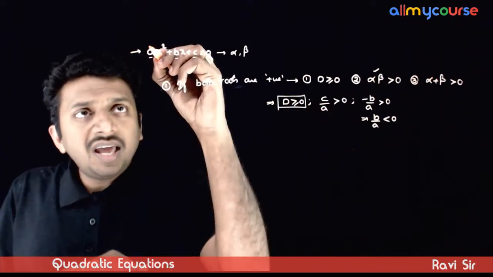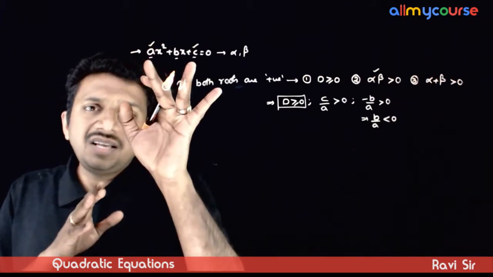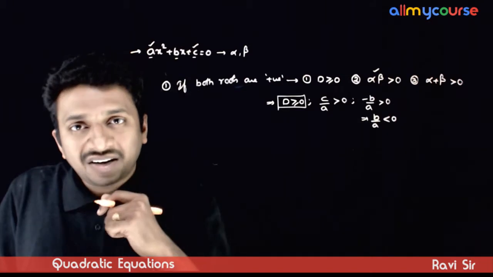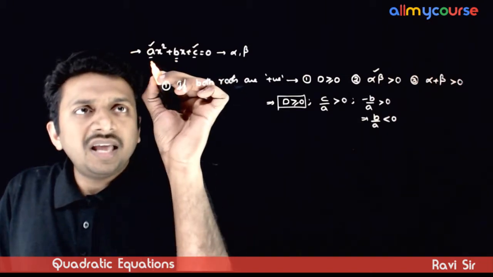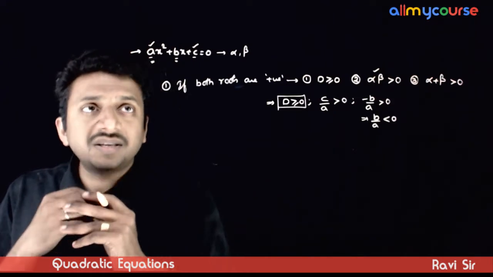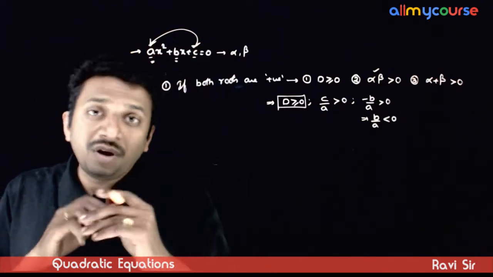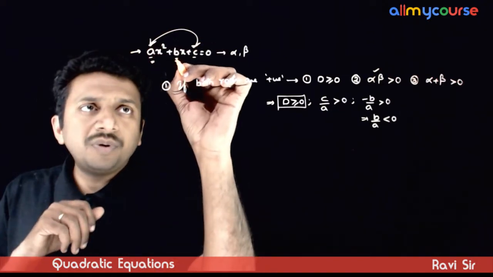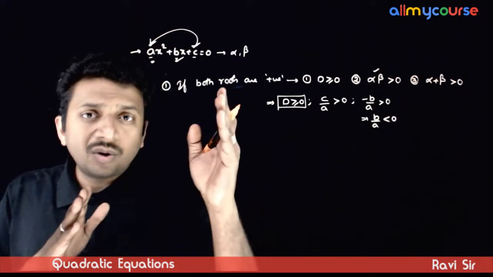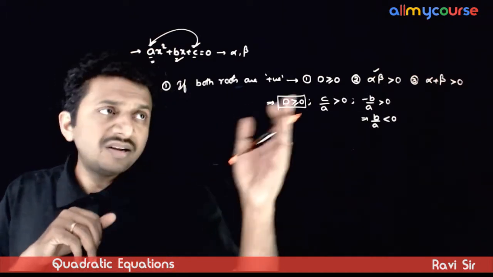That means a and c should be of same sign, and b by a has to be negative. That means b and a have to have opposite signs. So effectively, the first coefficient and last coefficient should be of one sign and b should be of the opposite sign. If that is so, the roots of that equation will be positive, provided D is greater than 0.